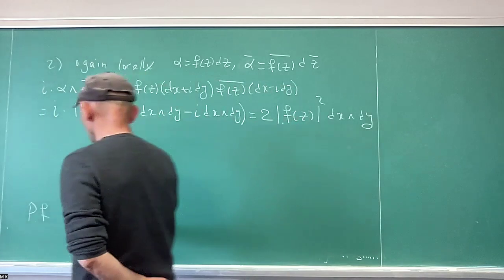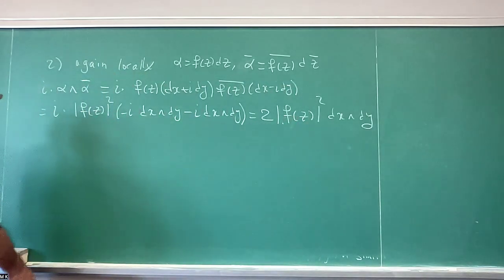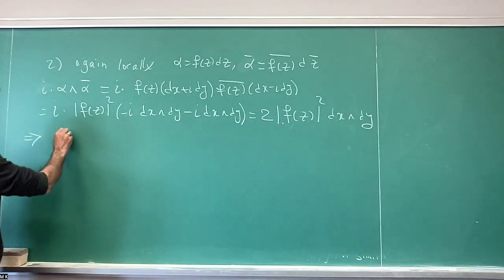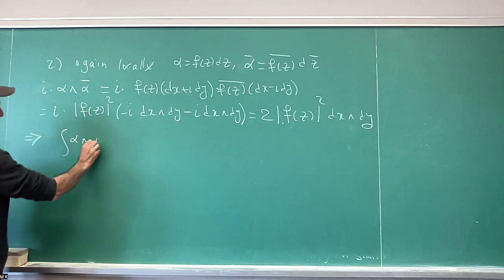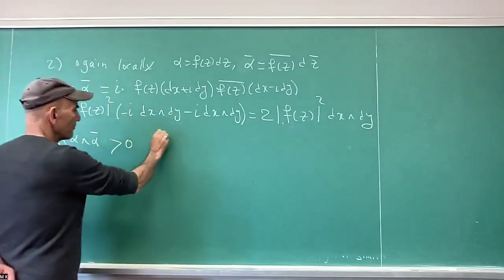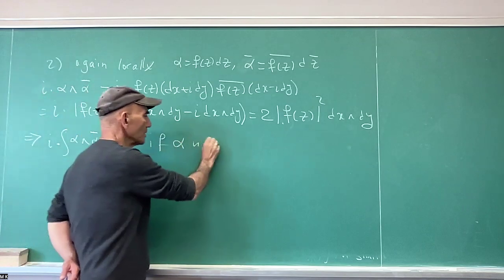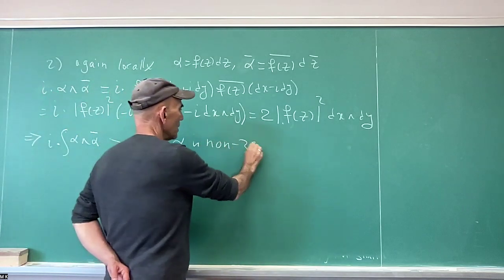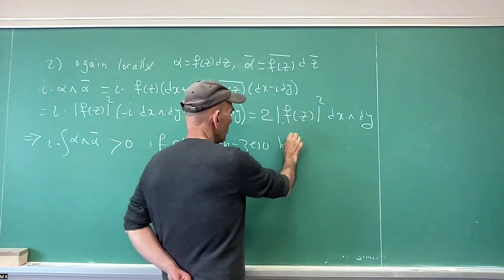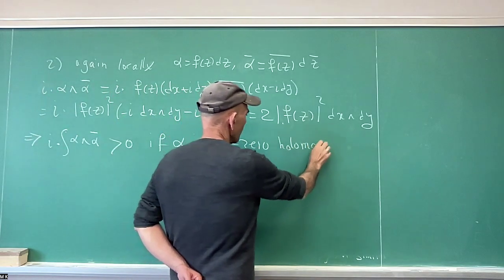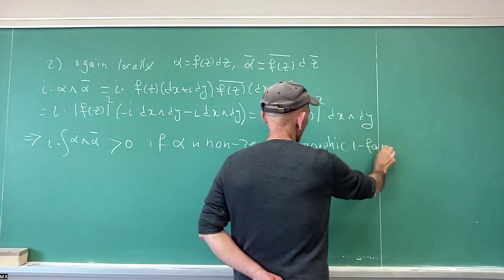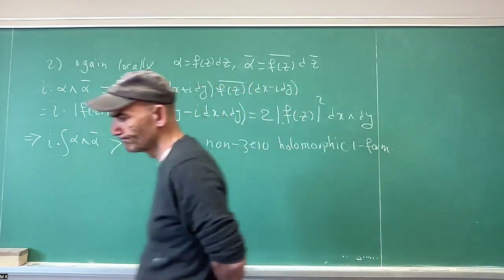So here follows that the integral of alpha wedge alpha bar times i is strictly positive if alpha is a non-zero holomorphic one form. So we have this now, which is pretty good.